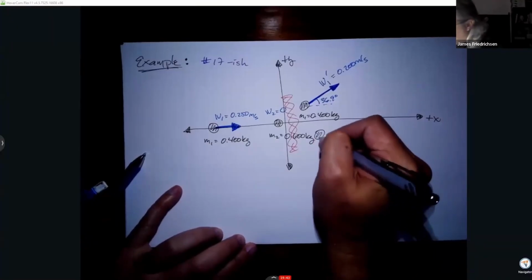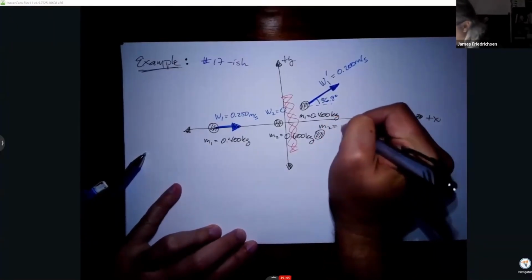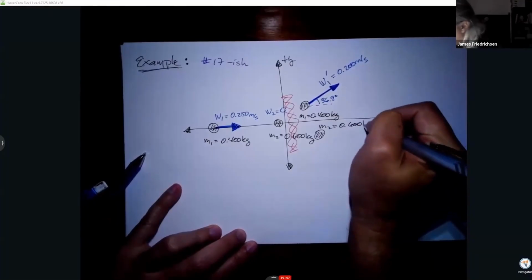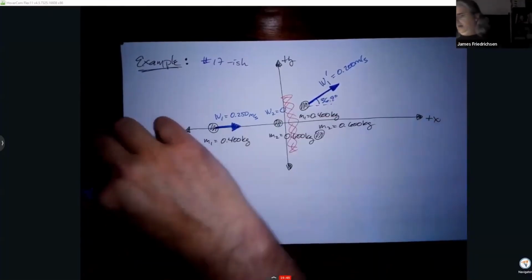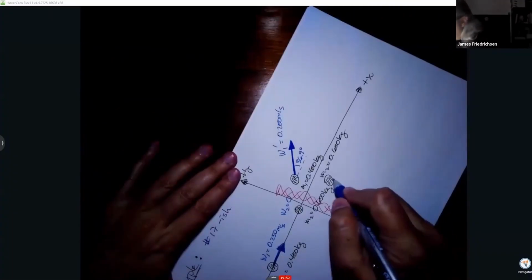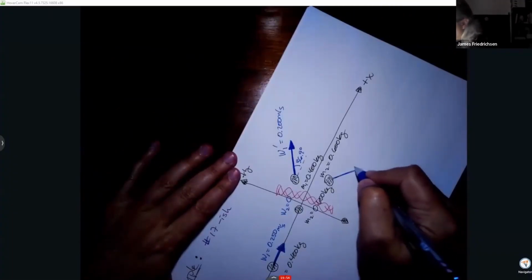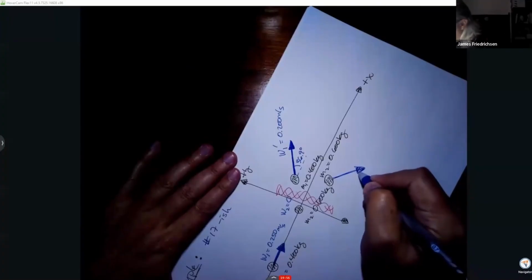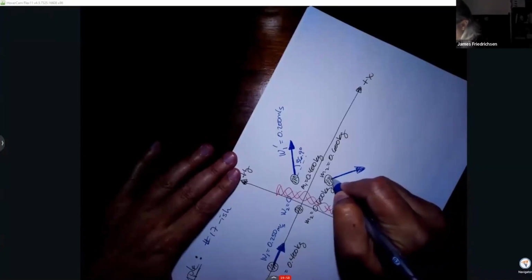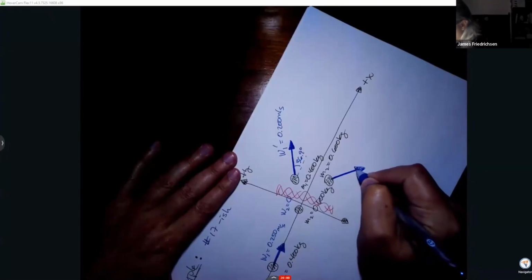So let me put that one here. This is M2, our 0.600 kilograms, and then we're going to have this unknown V2 prime, at some unknown angle.